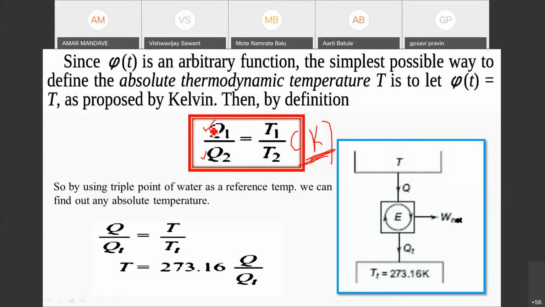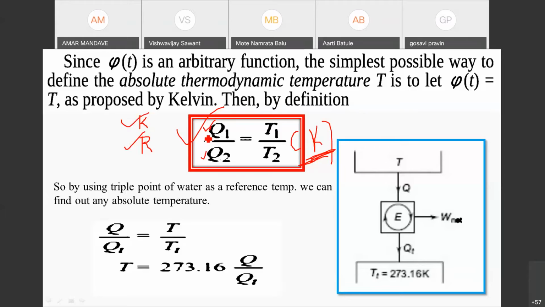So we can use these equations for different cycles when the cycle is a reversible one. There are two main assumptions you must know: that the scale of temperature should be Kelvin, which is why in all numericals we consider the scale of temperature as Kelvin, and also that the thermodynamic cycle should be reversible. That is the second one.